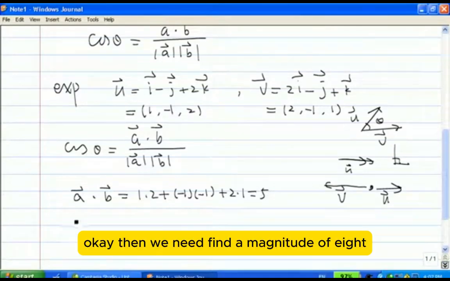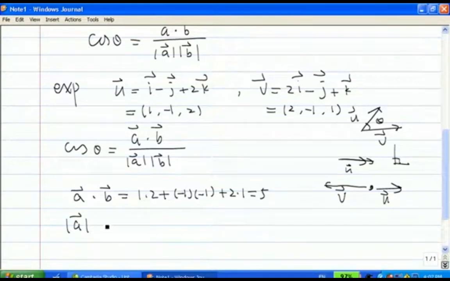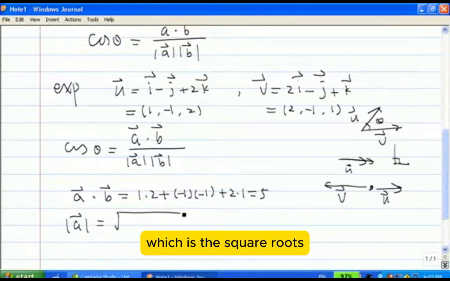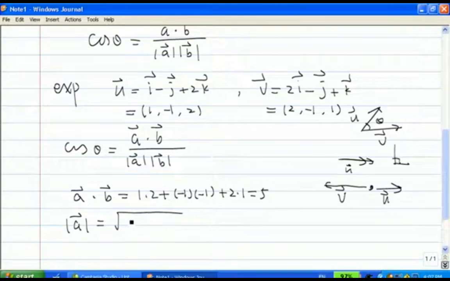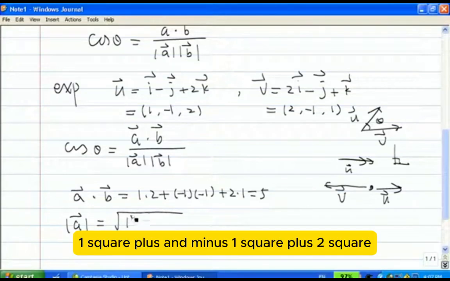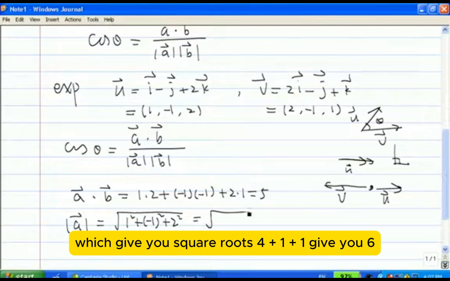Then we need to find the magnitude of A, which is the square root of 1 square plus minus 1 square plus 2 square, which gives you the square root of 1 plus 1 plus 4, that is the square root of 6.